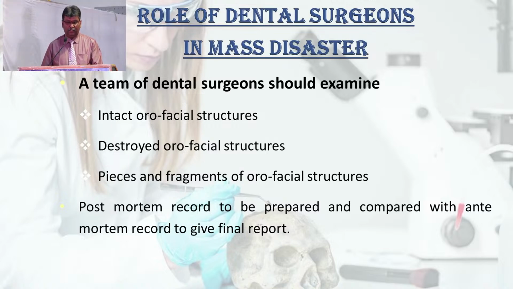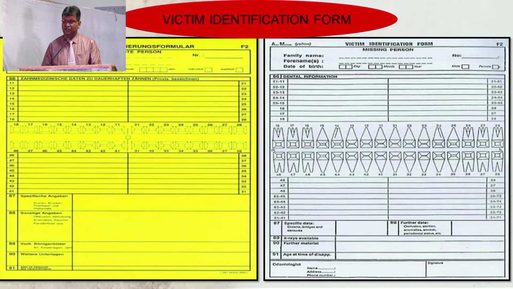When incidents happen, a team of doctors rushes in along with the dentist, odontologist, forensic anthropologist, pathologist, and oral pathologist. It's a part of teamwork. The team collects the intact oral tissue and facial structures; even if something is destroyed, pieces of fragments and bony fragments are important too, along with the teeth or without teeth, as the postmortem record.